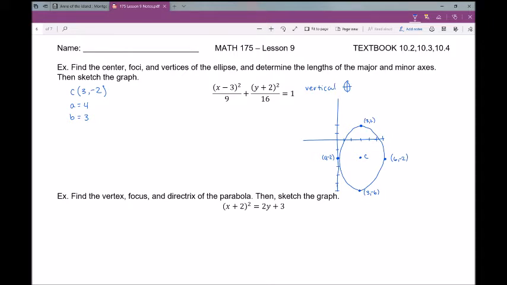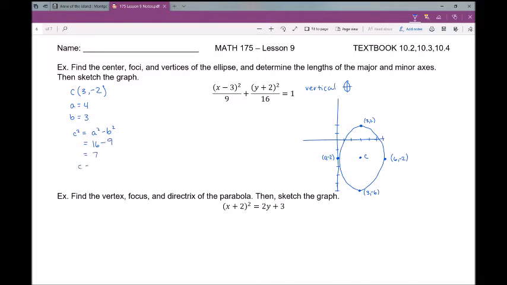All right, so let's just find the other stuff that the directions say to find. So let's go ahead and find the foci, which first we need to find that variable c. So for an ellipse, remember c squared is a squared minus b squared. So that will be 16 minus 9, which is 7.